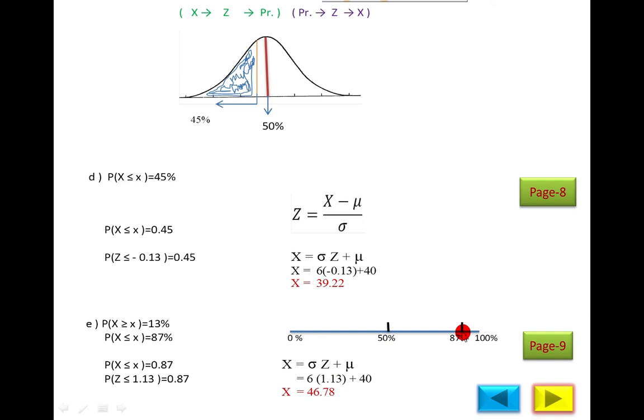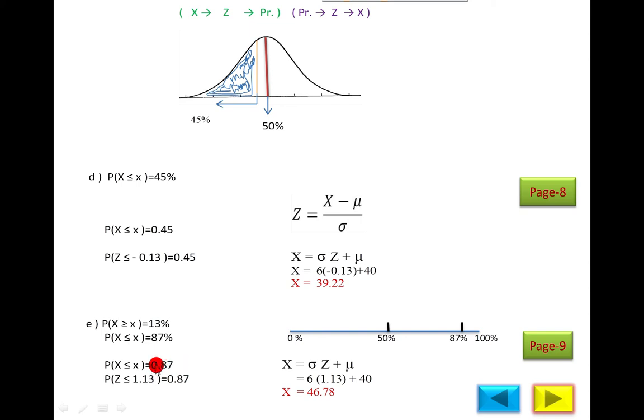The total probability is always equal to 1, in percentage 100%. So first transform this 13% above, only for the above area. Here we are using the same method as below 45%, but in this we will transform greater than or equal to into below 87%. 87% means 0.87.